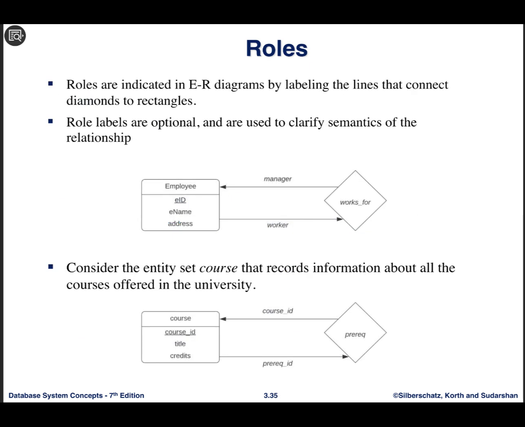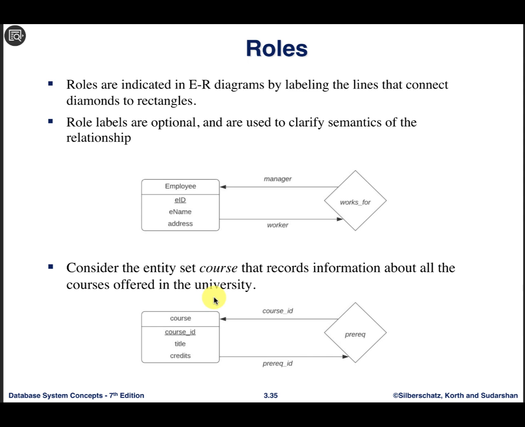To make this clear, take a look at course and prerequisite. We have a course and a prerequisite, which is another course, right? Both of them have to come from the course entity set, because both of them have to be entity instances. We have CS425, CS525.